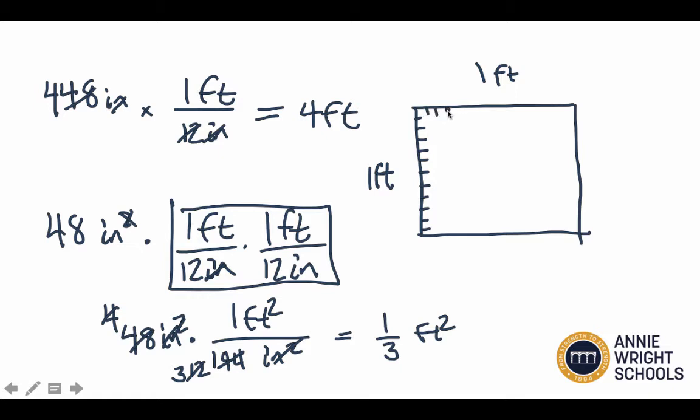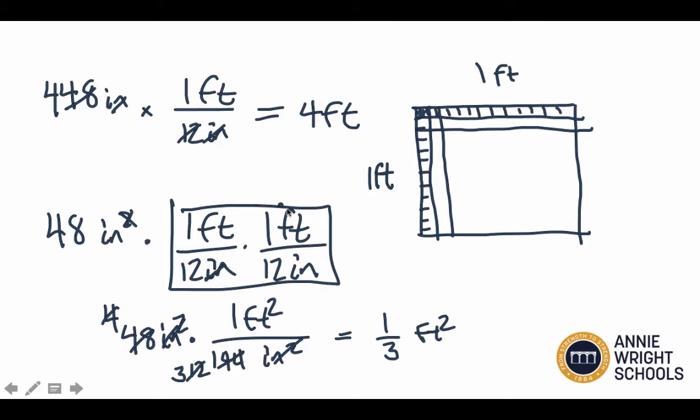But you could see the 144 square inches that would be there. I'm not going to draw them all out, but you can kind of visualize this, right? This little guy here is a square inch. This big one here is a square foot.